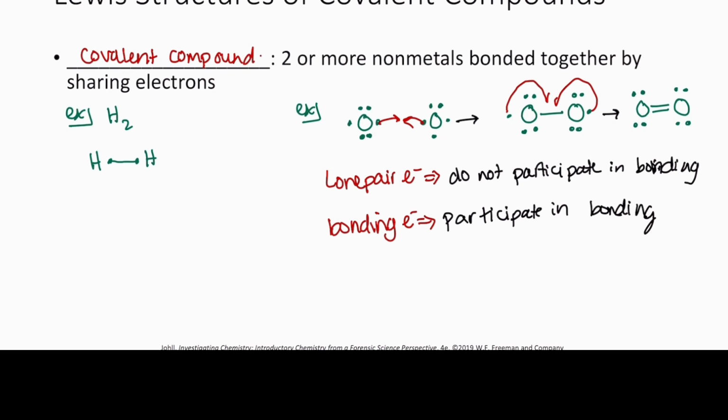So when we draw out our oxygen, these electrons here are my bonding electrons.